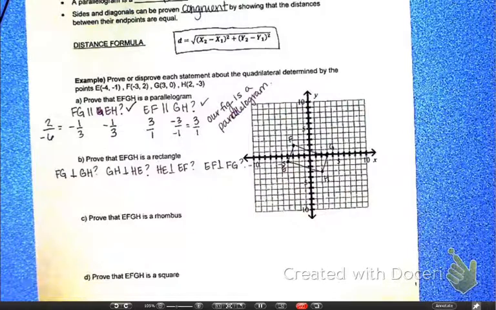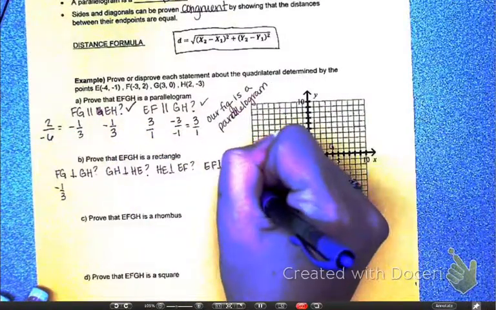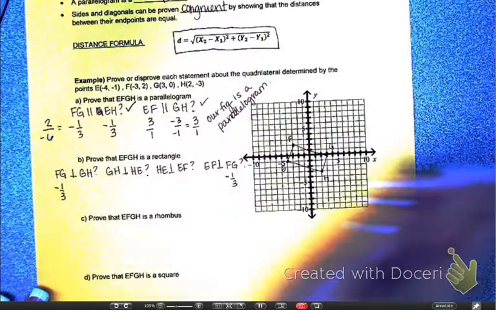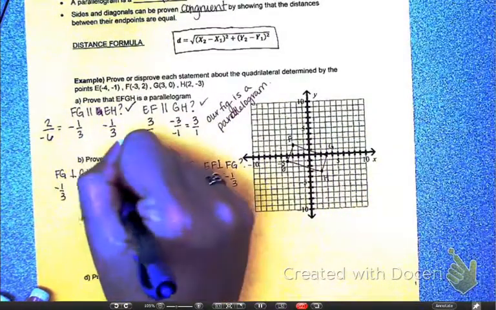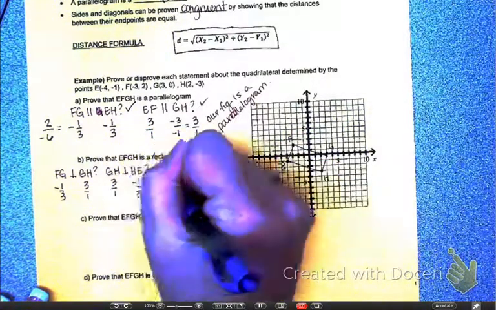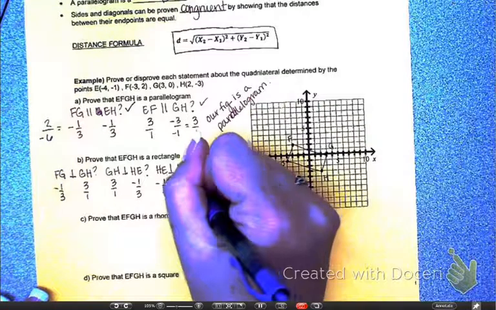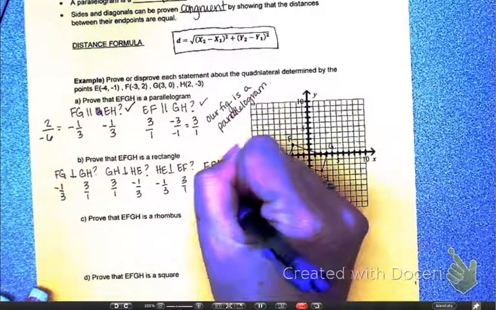You've already found the slope, right? We just did all the slopes. So let's just fill them in. FG is negative 1/3. GH is 3 over 1. HE is negative 1/3. And EF is 3 over 1.